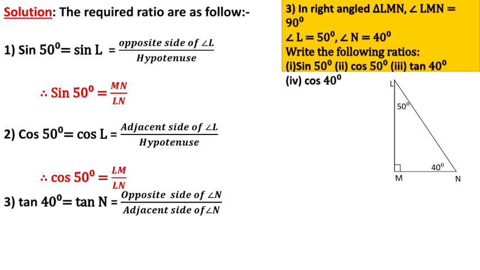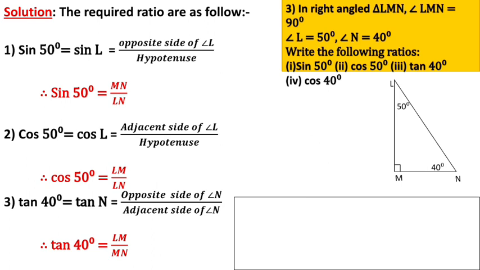Students, always remember the hypotenuse will remain the same. So as per the given angle we have to write the opposite side and adjacent side. In this question N is given, which means the opposite side of angle N is LM and the adjacent side is MN. Is that clear? Okay.